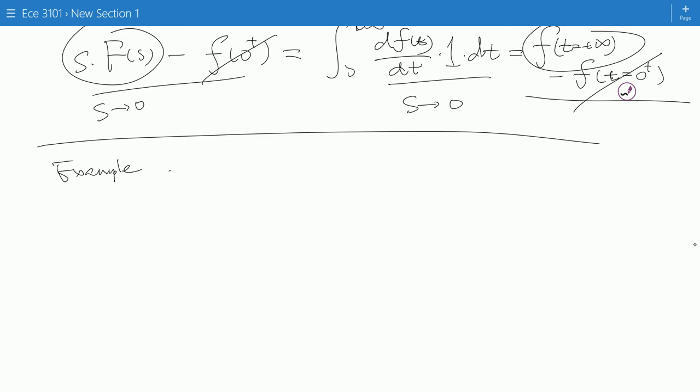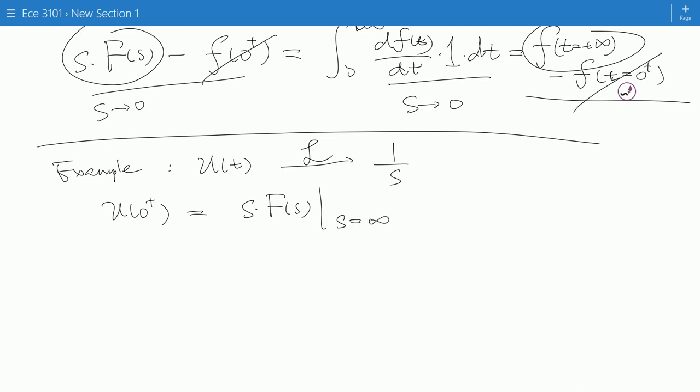Let's take the unit step function, u of t. And we know the Laplace transform of the unit step function is 1 over s. So, using initial value theorem, we want to evaluate s times F of s at s equal to infinity.